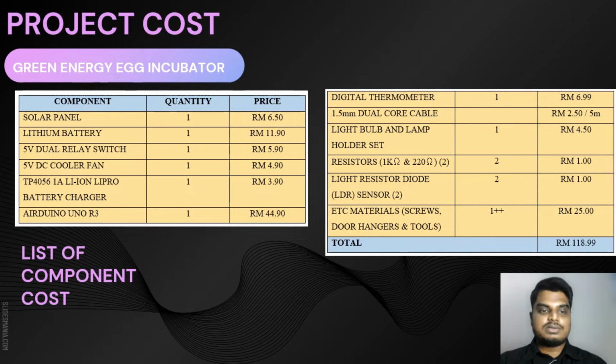So we use the solar panel, one lithium battery, one 5-volt dual relay switch, one 5-volt DC cooler fan, one lithium battery charger, one Arduino Uno R3, one digital thermometer, one light bulb and lamp holder set, and two resistors, that is 1 kilo ohm and 220 ohm, and a light dependent resistor, that is LDR for light sensor, and we use other material, that is screws and door hanger and everything. So the total cost is around 180 ringgit and 99 cents.